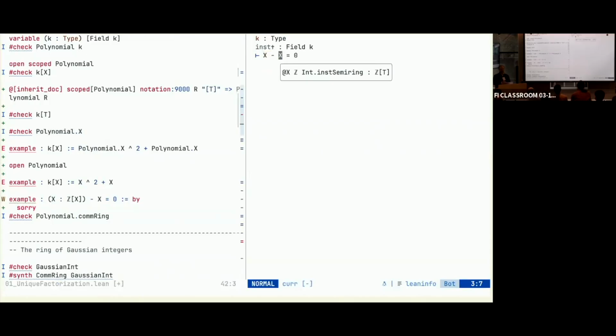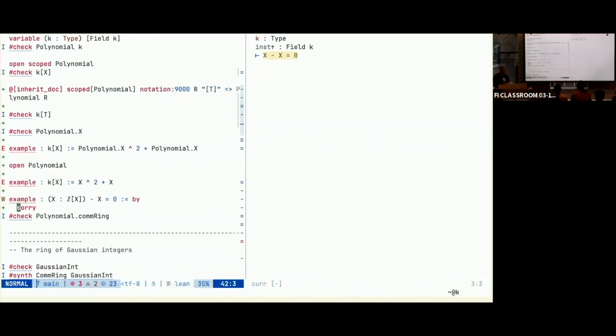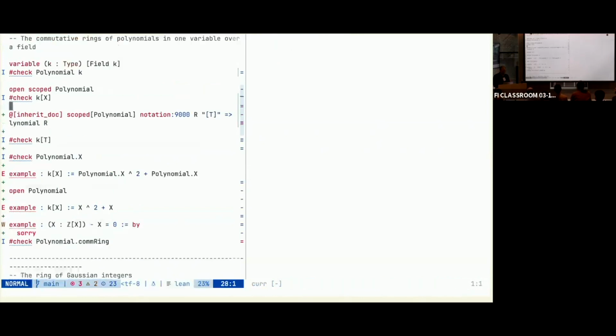Here we see that it's a polynomial in z of t, because the last notation that was introduced is used. But x is x, because x is polynomial.x and no polynomial.t has been introduced. So we should delete this notation.